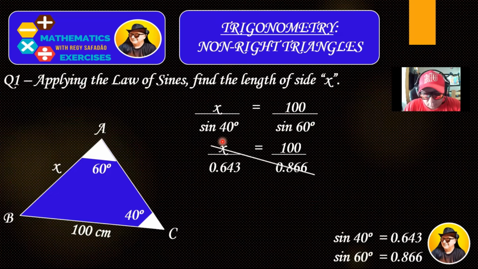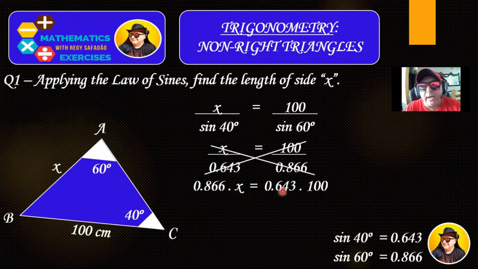And now doing the calculations, we multiply in cross. Okay, so 0.866 times X is equal to 100 times 0.643. This way. You see? So let's do this multiplication right here. 0.643 times 100 is 64.3.